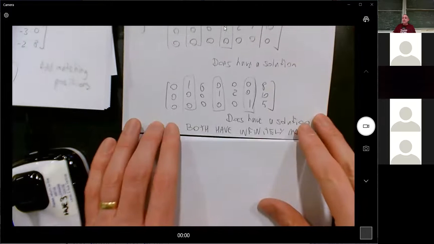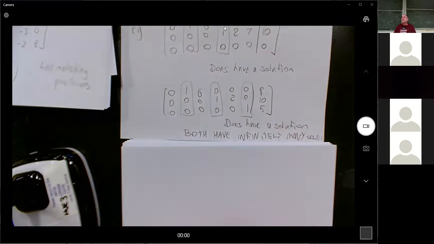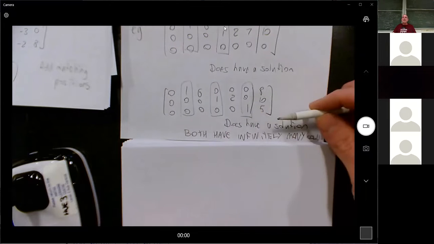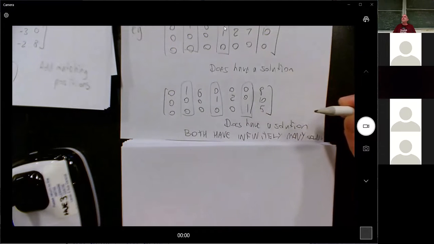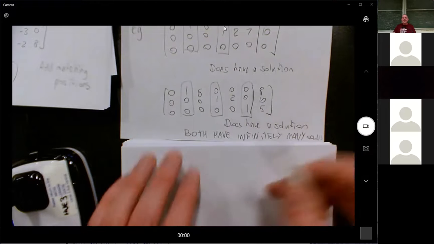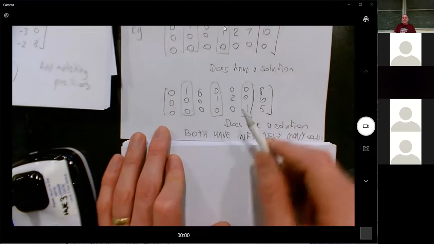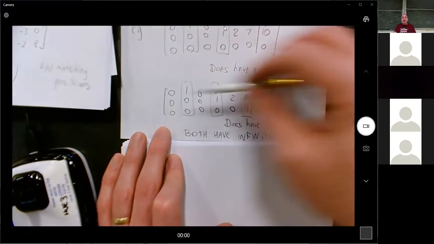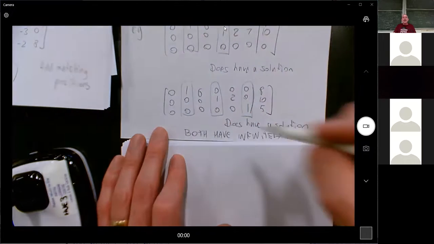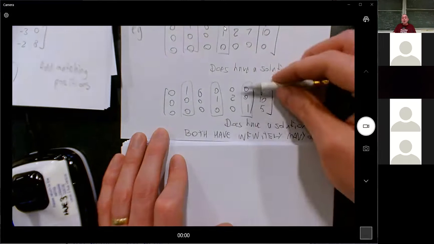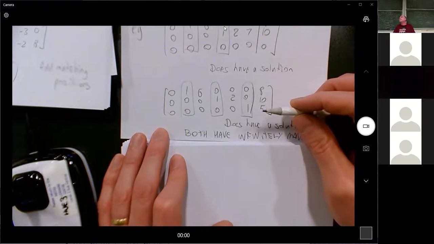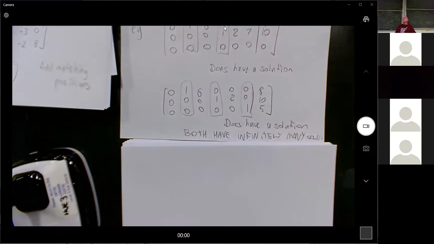I know. The columns are linearly dependent, the rows are linearly independent. This matrix, the columns are linearly dependent, but the rows of this matrix are linearly independent. What does it mean for the columns to be linearly dependent?